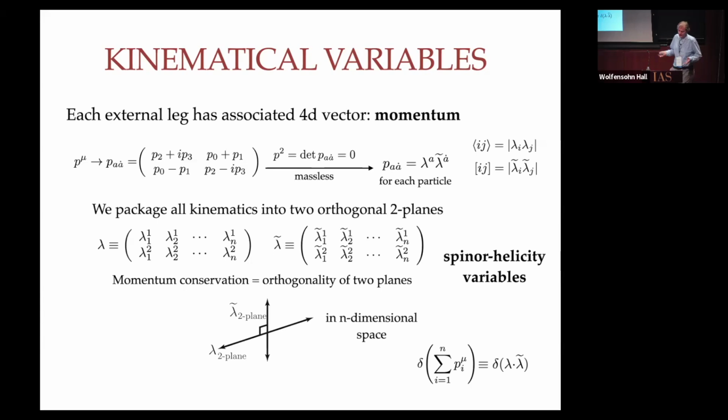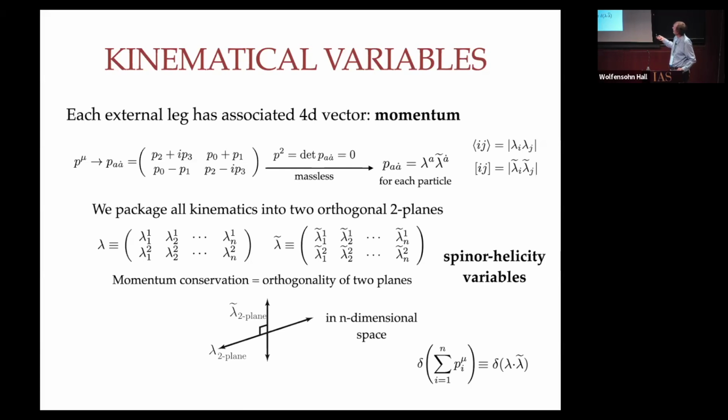So all the information about the momenta we can package in 2 by n matrices: the lambda matrix, where for each particle we have one column, and the lambda tilde matrix, where for each particle we also have one column of these two types of spinors. And the momentum conservation, the fact that in the process the sum of all momenta is 0, corresponds to the fact that the lambda and lambda tilde planes are orthogonal.